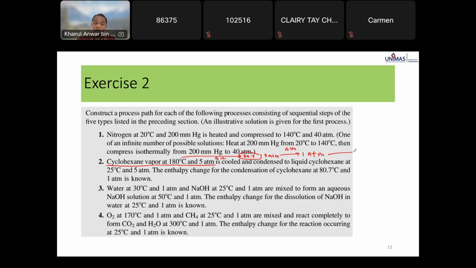Then we do the phase change from vapor to liquid.